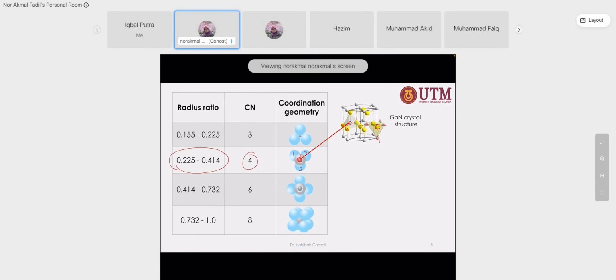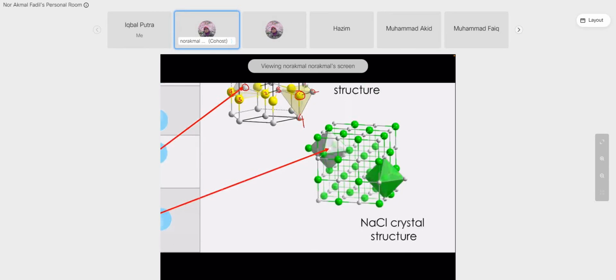So basically the ratio, Rc over Ra, is within this range. And what about if you have larger than 0.414, you will have 6 coordination number. And this is an example of ceramic with 6 coordination number, which is sodium chloride.